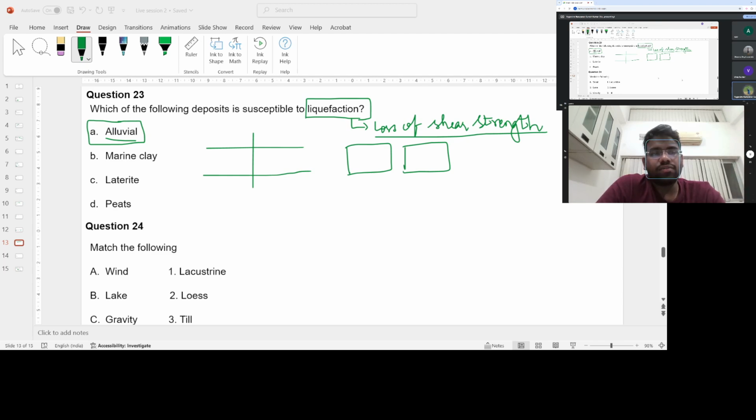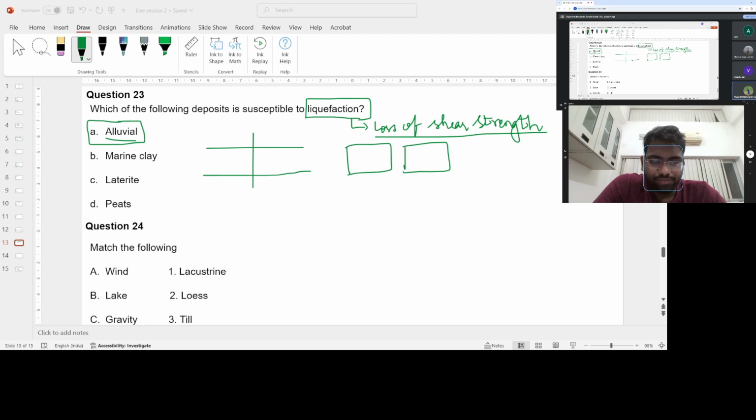They are poorly graded, which results in a relatively lower density. So that is the reason they are more susceptible to liquefaction. Okay, so if the options are uniform and non-uniform, the answer goes to the uniform soils.